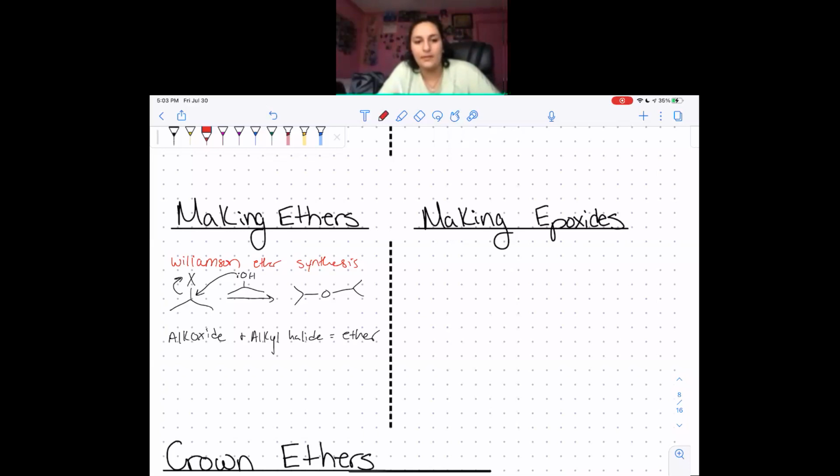We can do an intramolecular Williamson ether synthesis to make an epoxide. So what this means is we have OH and our alkyl halide on the same molecule.